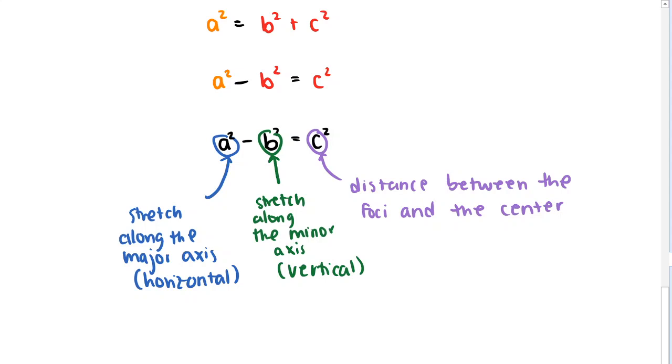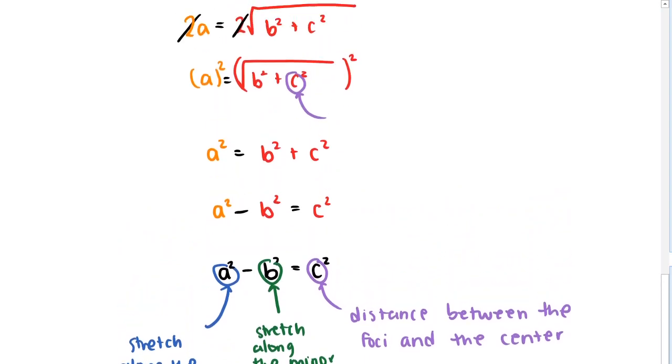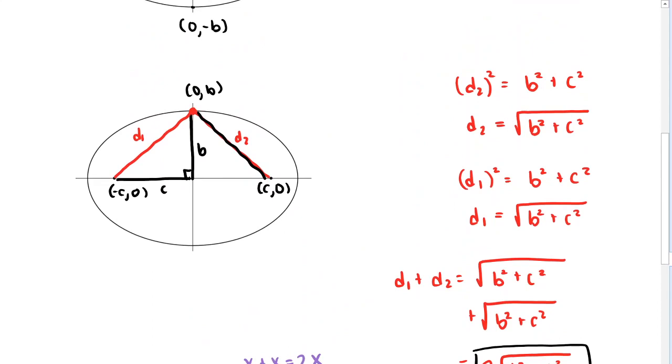And so if we're ever trying to find the foci on our ellipse, we just have to use this relationship here between the stretches to find the distance between the center and the foci. And so what we're really saying here is if we look back up at our picture, maybe I'll erase some of these measurements here.